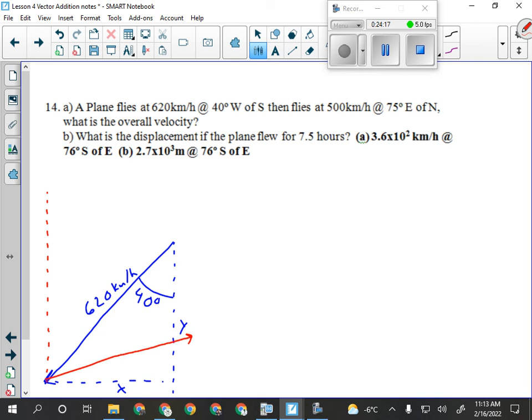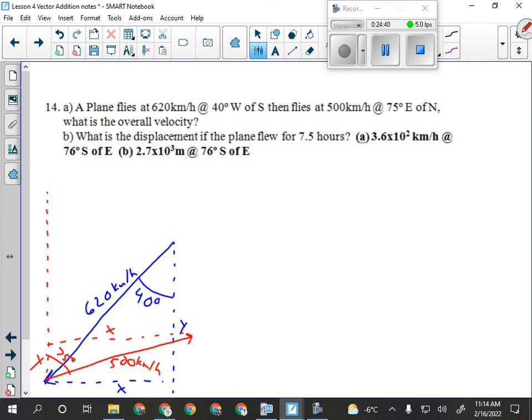Yeah, I think that's about right. Yeah, so that's going to make that triangle right there, where that angle is 75 degrees. This is x, this is y, and this is 500. I think my scale is decent there.